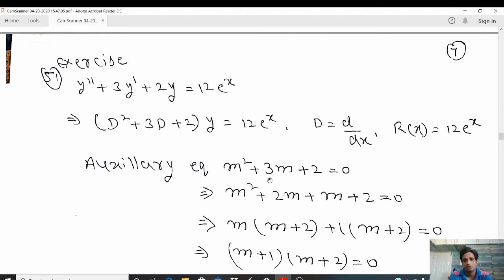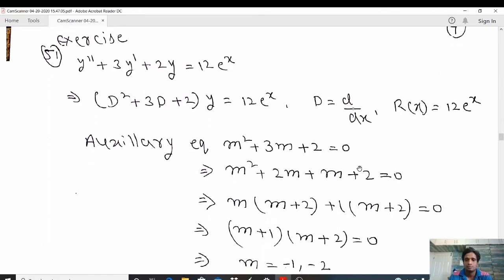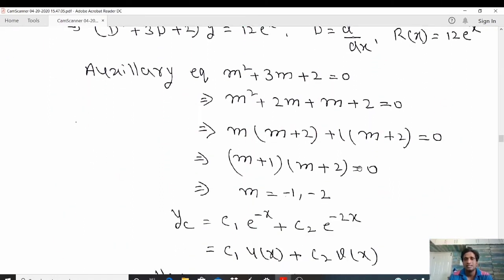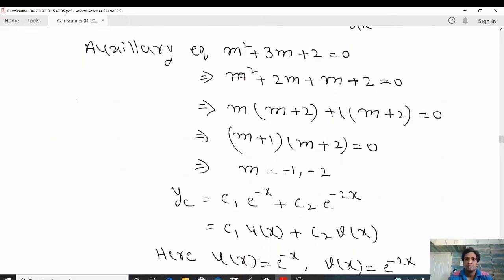This is m square plus 3m plus 2 is equal to 0. Now if you factorize this equation, we have to write 3m as a sum of two terms whose sum is 3m and whose product is 2m square. One possibility is m square plus 2m plus m plus 2 equal to 0.